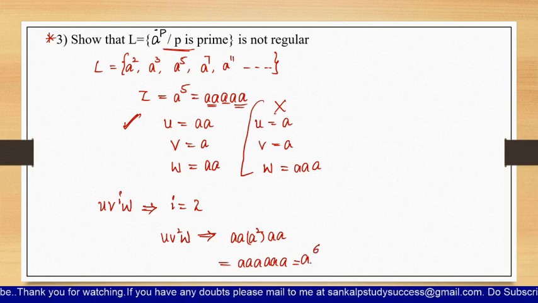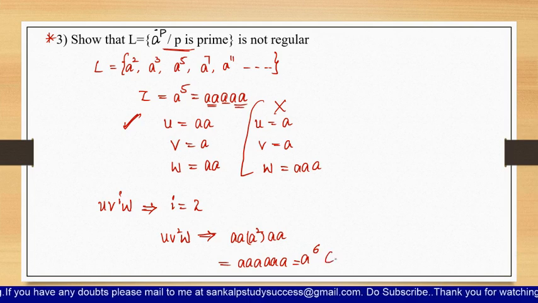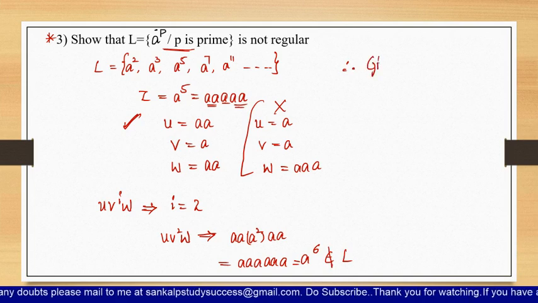But a power 6 is not in our language. That means it is not a string which belongs to L. We assumed that uv power i w belongs to L, but it contradicts our statement, and this a power 6 does not belong to L. So therefore, the given language is not regular.